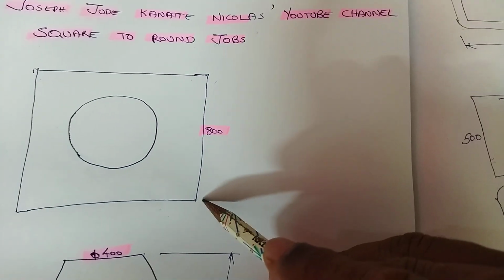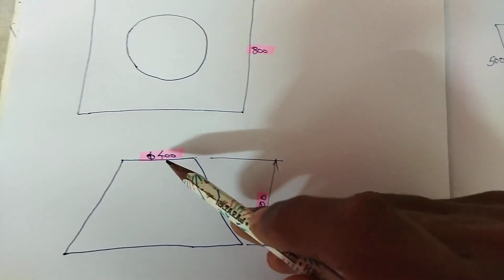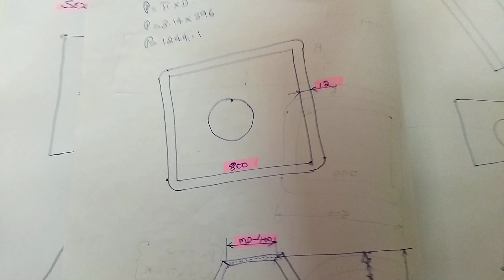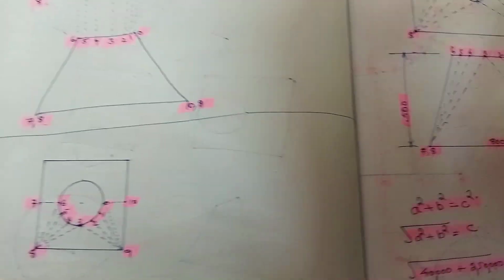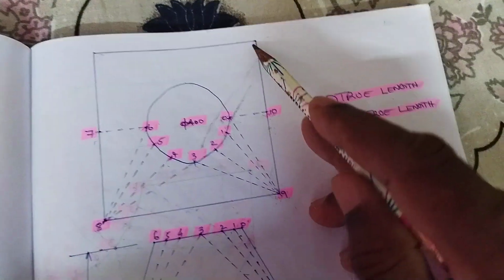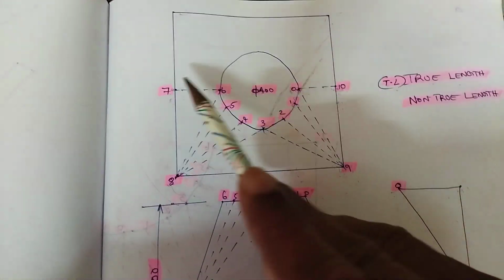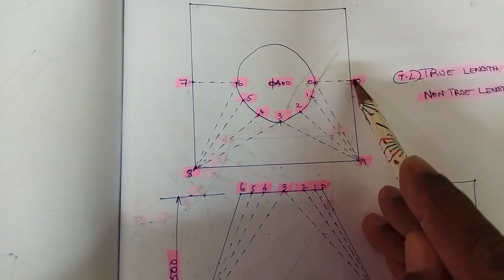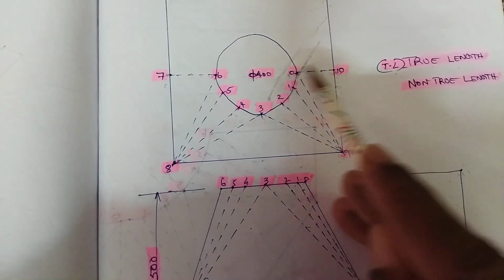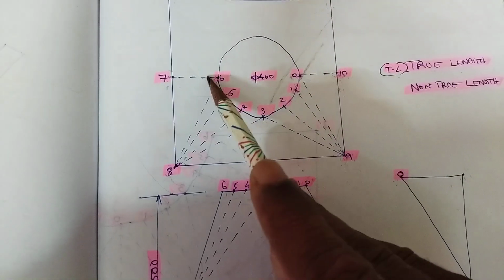Here to here, 800, is a square. And the top side diameter is 400. The vertical height is 500. So this is 800. From here to here is also 800. Here to here is 400. If it is so, what will be this length? From 800, we have to decrease 400.